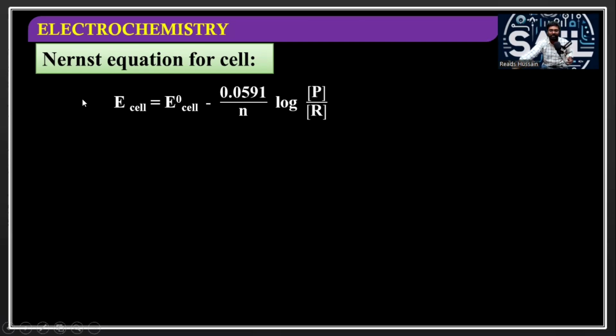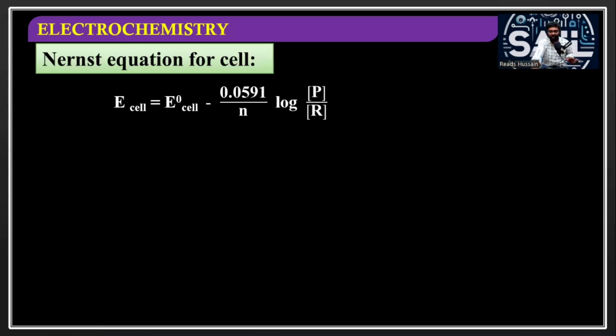E, the electrode potential of the cell, is equal to the standard electrode potential of the cell, E naught, minus 0.059 by N log product concentration by reactant concentration. This is the formula for the total cell. This is the Nernst equation for the cell. What is the total cell? Two half cells will be there, no?